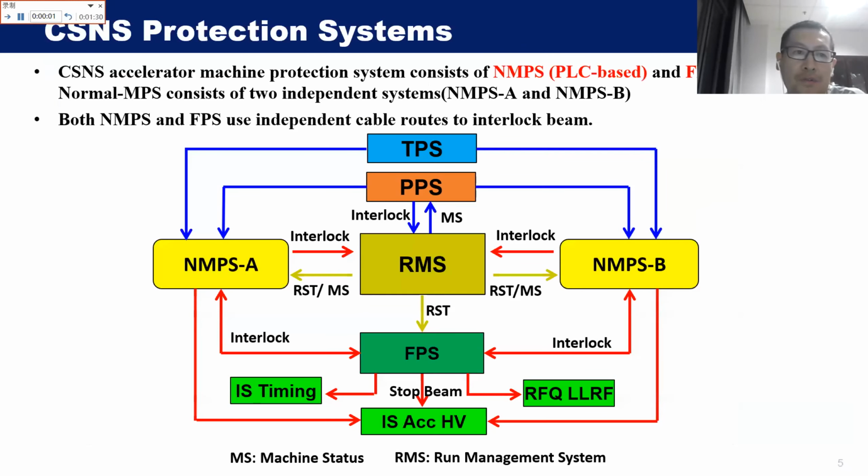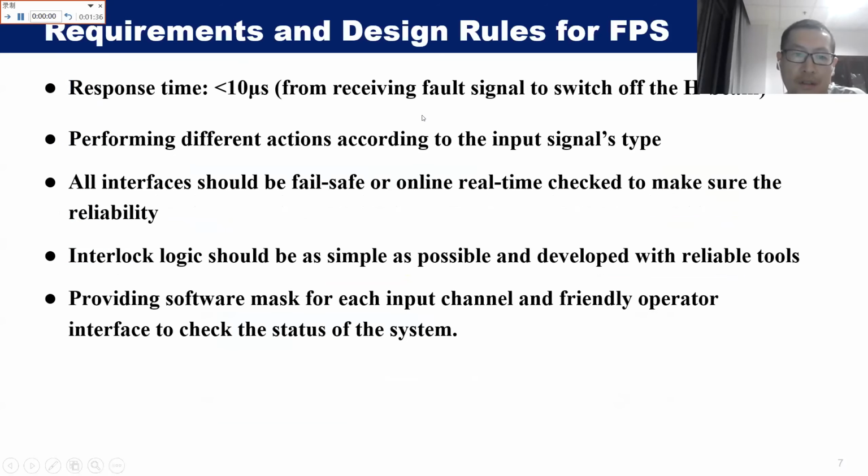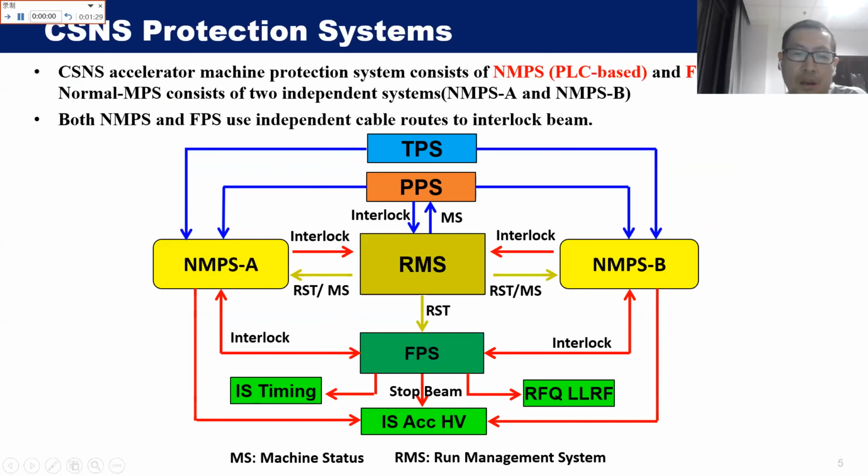This picture shows the protection system for the whole facility. We have a target protection system and a personnel protection system. The PPS is a global system, and the TPS only covers the target station and the neutron instruments.